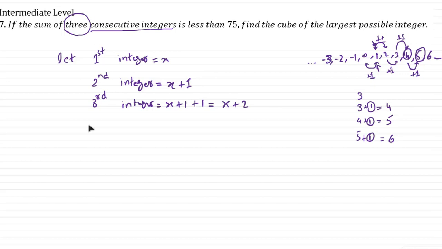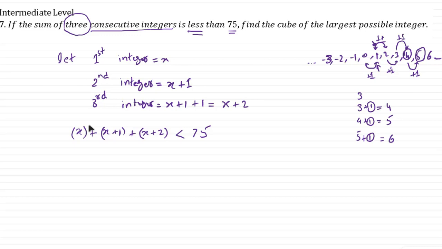And now the sum of three consecutive integers is x, the first integer, plus x plus 1, the second integer, plus x plus 2, the third integer. And the sum is less than 75.